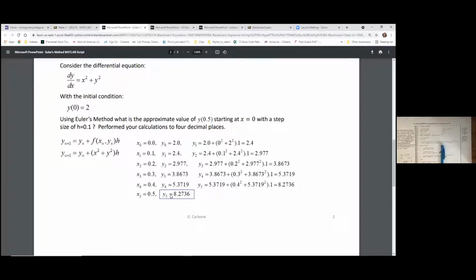Where students made a mistake, and I probably took off 2 points or something, is that they went one too far. So be careful. Y5 is actually calculated when you got X4, right?